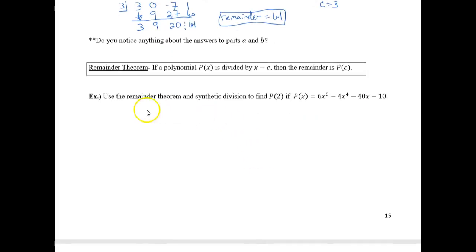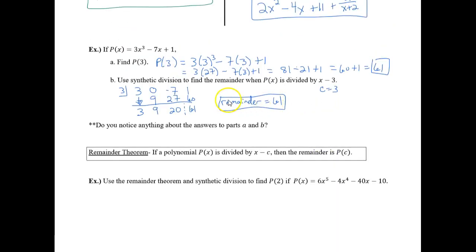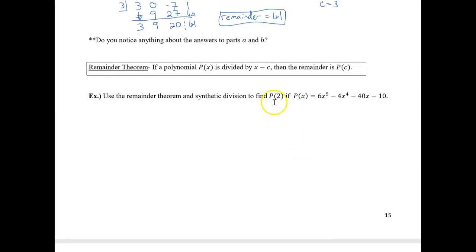So let's go ahead and look at this example and try it. It says use the remainder theorem and synthetic division to find p of 2. So notice that p of 3, we used 3 in our synthetic division. So p of 2, 2 is our c.